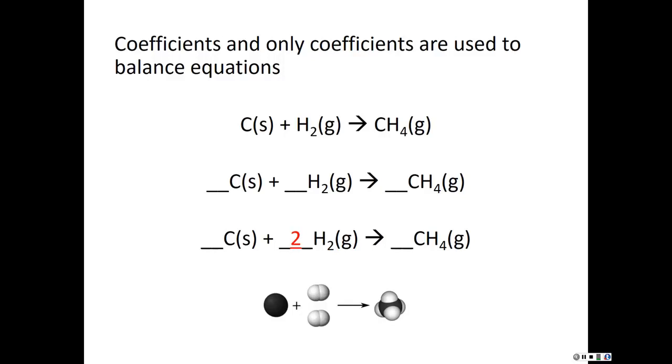It's just understood to be 1. It's always 1 there. So what we can do is then change these so that the same number of atoms go into the reaction as come out of the reaction.